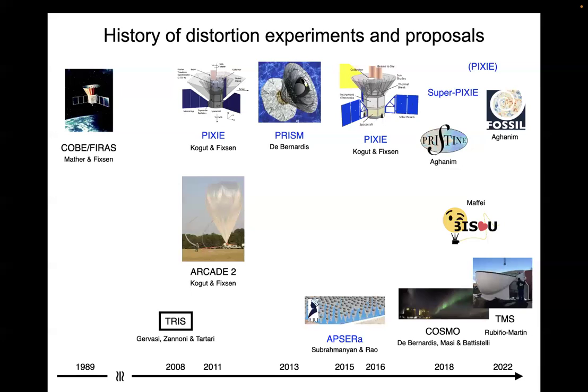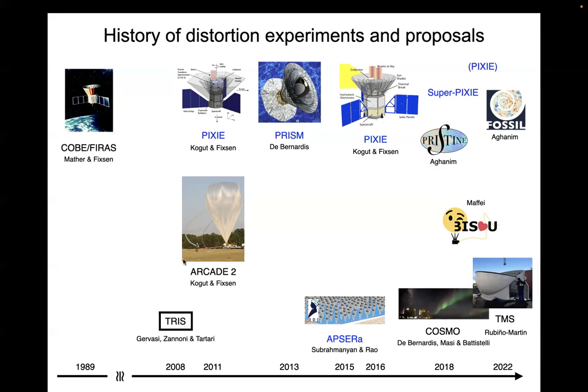I want to show this one slide that summarizes some of the activities with respect to CMB spectral distortions. And I want to highlight, of course, that the state of the art is unfortunately still COBE FIRAS. We have made some attempts from ground and also with the balloon to improve the limits from COBE FIRAS.